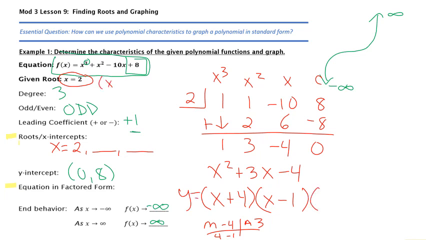This is the same as x minus 2. So this would be my equation in factored form. And then my intercepts are the opposite of what's here. So if this is 4, this is negative 4. If this is positive 2, we already had that one. And this is a positive 1. So I have roots at 2, negative 4, and 1. And my factored form is x plus 4, x minus 1, and x minus 2.